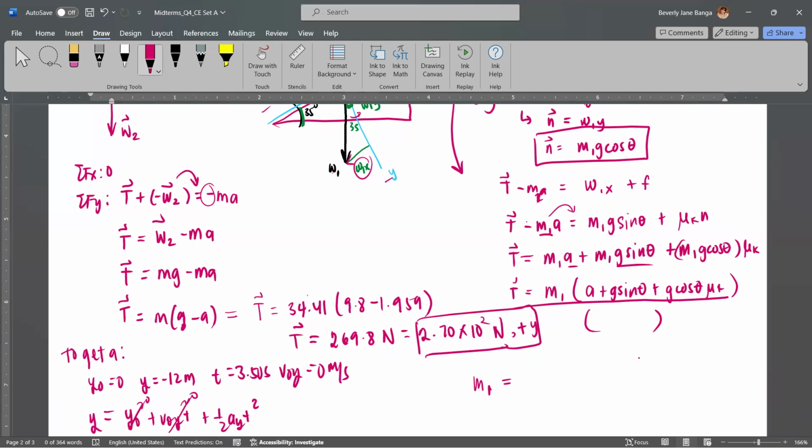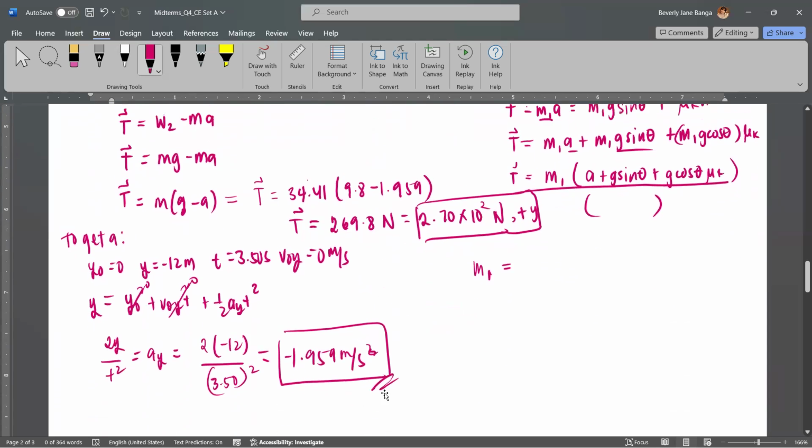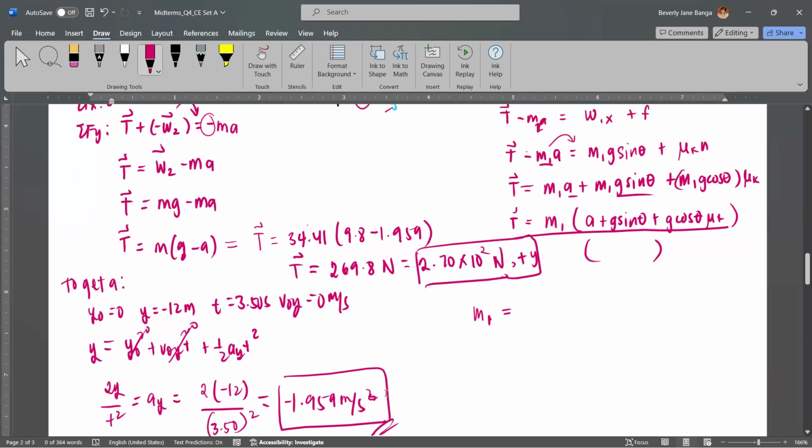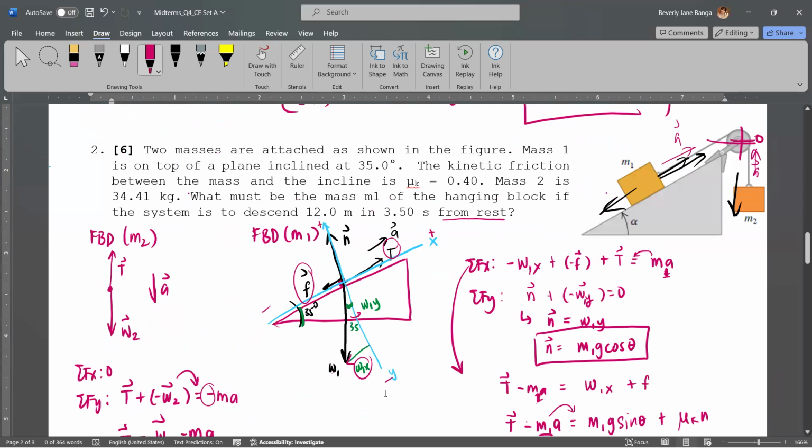So, answer kanina divided by, yung acceleration natin is 1.959 positive, plus 9.8 times sine angle is 35, plus 9.8 times cosine 35, times mu k, which is 0.4.